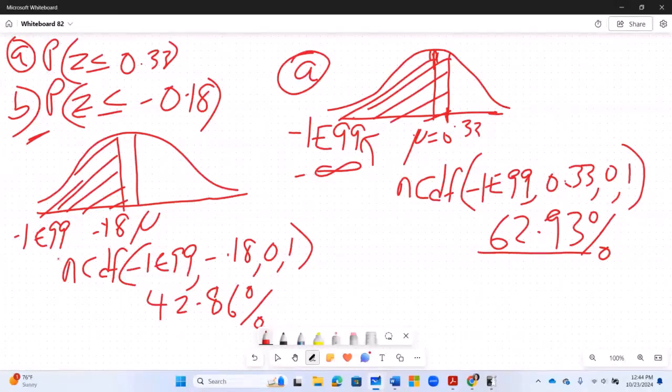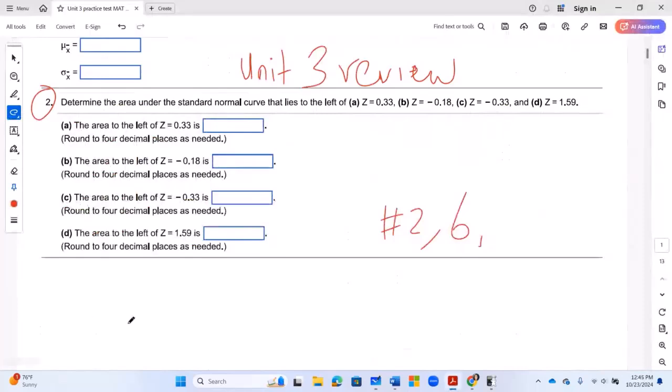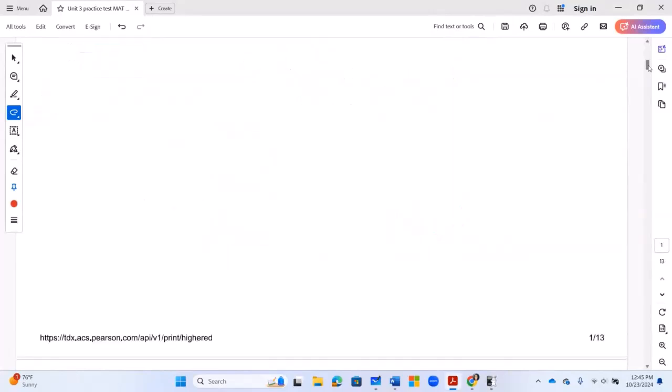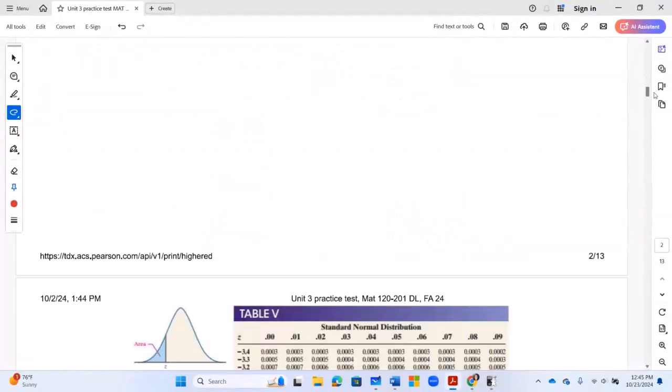And by the way, suppose I want to read a chart for any of this. I'll go to the chart. Let me pull up the chart because I might be told to read the chart. It doesn't really matter whether you read the chart or use your calculator.